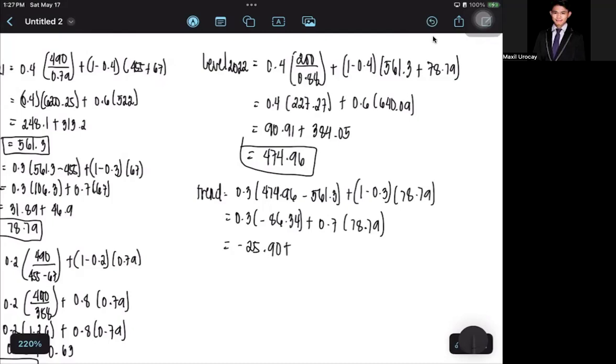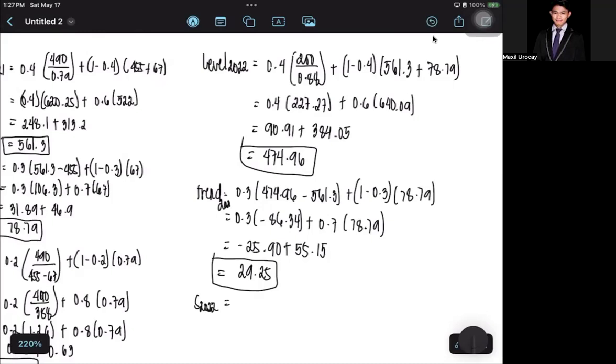So for 0.7 times 78.79, that is 55.15. So calculating that negative 25.90 plus 55.15, that will equate to 29.25. So that means to say your trend right now is 29.25, and we'll calculate the seasonality of 2022 as well.